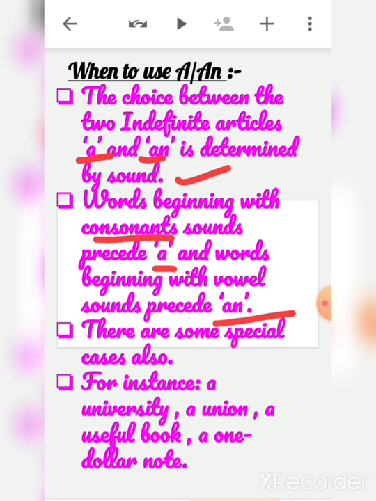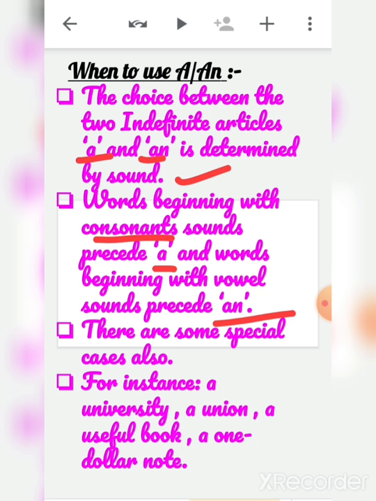That is clear to you all. As I have told you, we don't have to see only the alphabet, but we have to listen to what sound is coming while pronouncing the word.